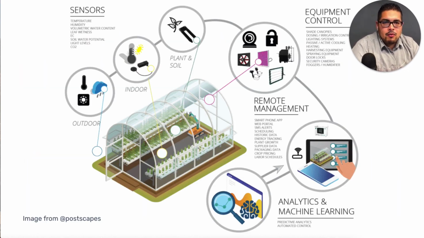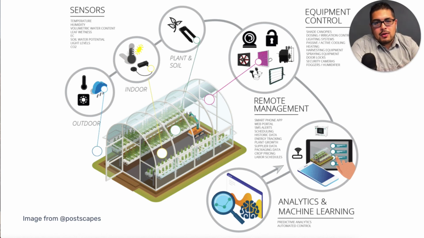Here's just an example of what you can actually track inside of a greenhouse. And this is by no means a conclusive list. There's tons of things that you can track on a daily basis, and you can learn how to add more things to your system over time. So you can track weather, humidity, light sensors.